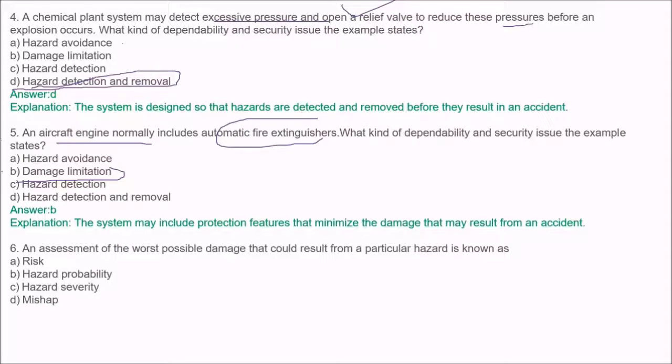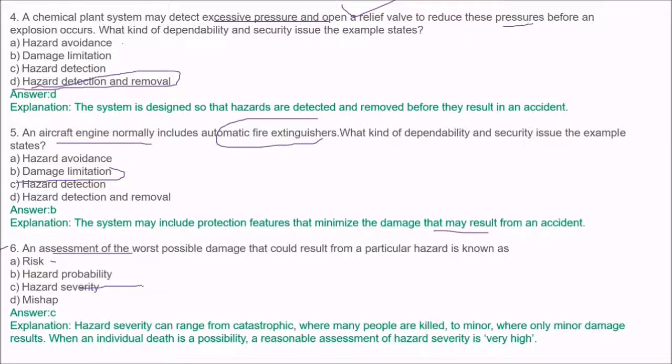Damage limitation means the system may include protection features that minimize the damage that may result if an accident does occur. Next, the assessment of the worst possible damage that could result from a particular hazard is known as hazard severity.